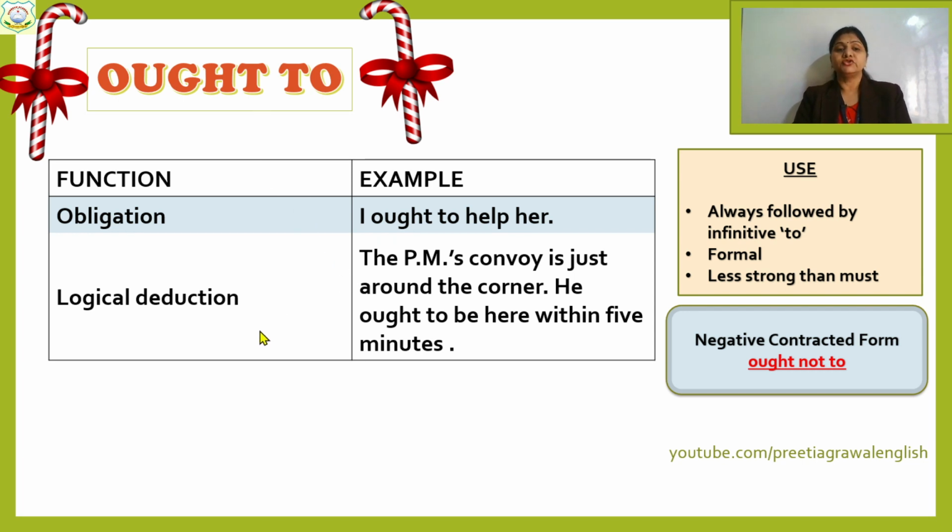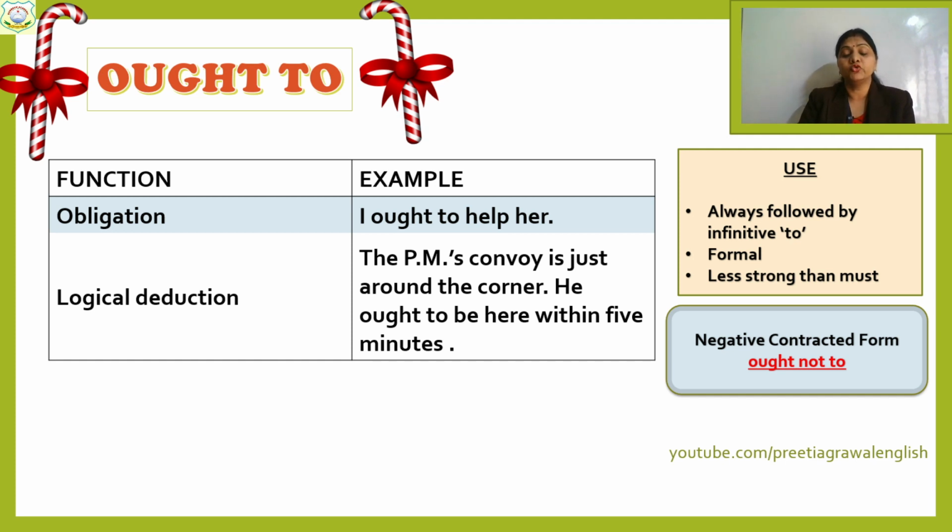So this model is used for logical deduction. Suppose I say, the PM's convoy is just around the corner, he ought to be here within 5 minutes. It means I have counted the time for the PM's convoy, the procession, which is just around the corner.